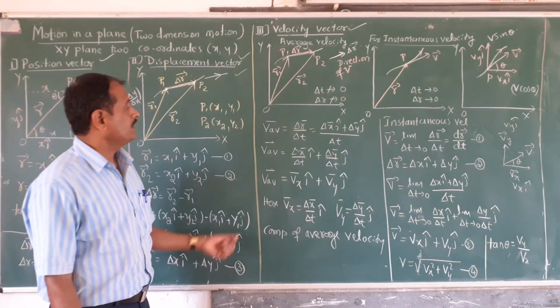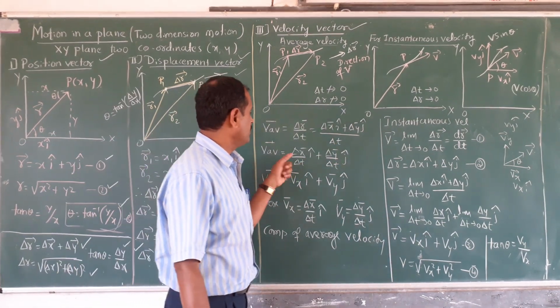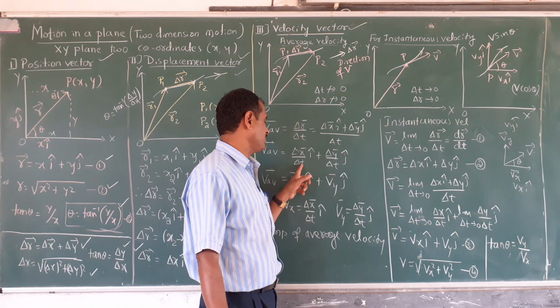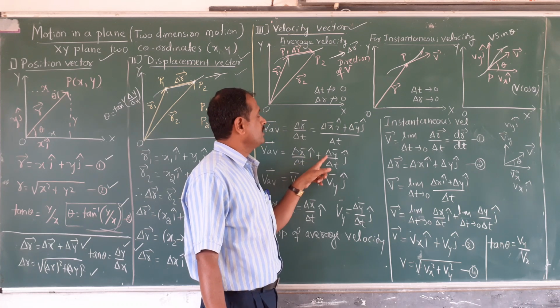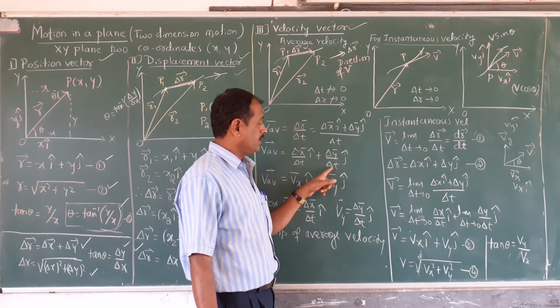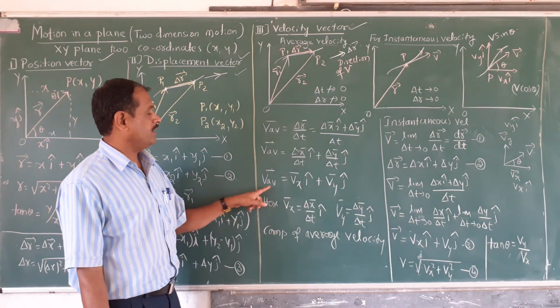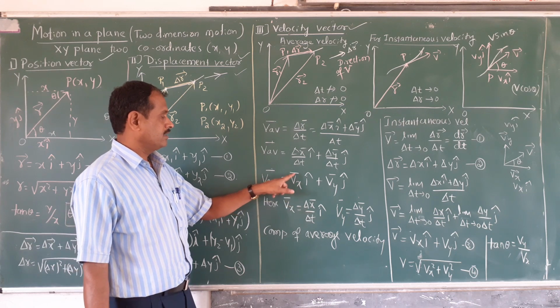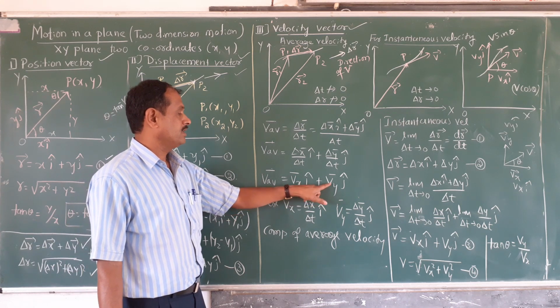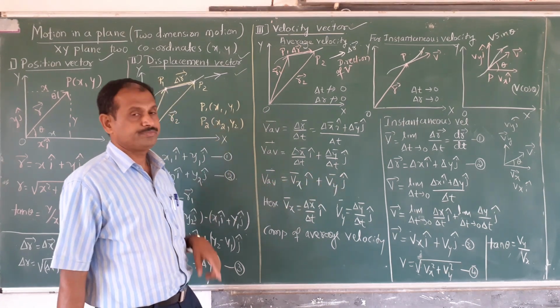I will separate them. Average velocity is equal to displacement along x-axis divided by time into i cap, plus displacement along y-axis divided by time into j cap. Now this is average velocity equal to average Vx i cap plus average Vy j cap.